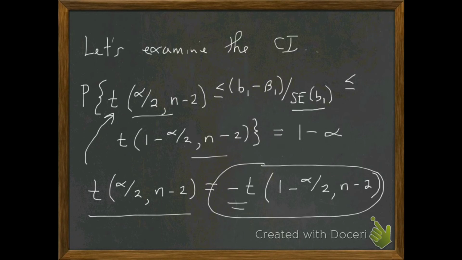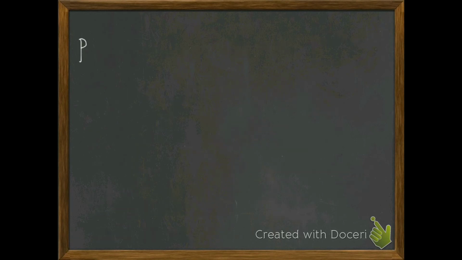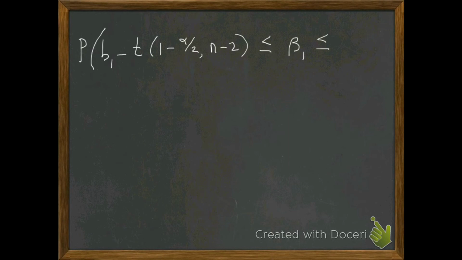If we multiply through by -1, okay, so we're going to get beta 1 minus t 1 minus alpha over 2 for degrees of freedom n minus 2 less than or equal to beta 1 less than or equal to beta 1 plus t 1 minus alpha over 2.